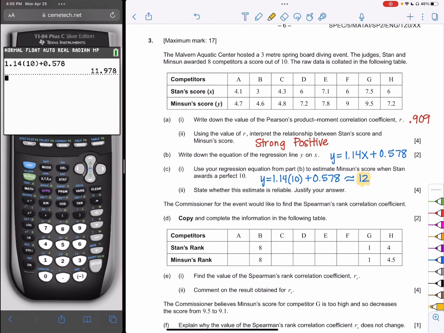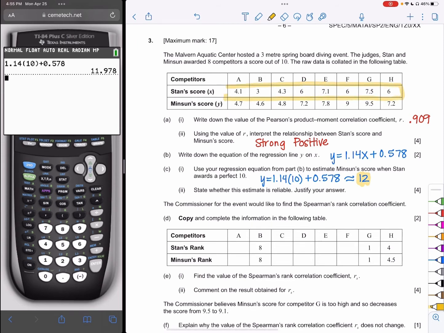So part 2 is saying state whether this estimate is reliable. What you have to understand is that when we look at the original table here, the equation of our regression line is based upon the following x values.